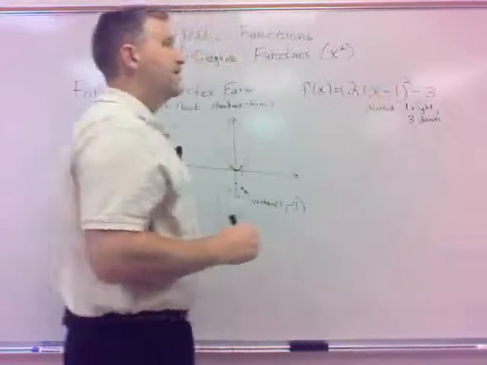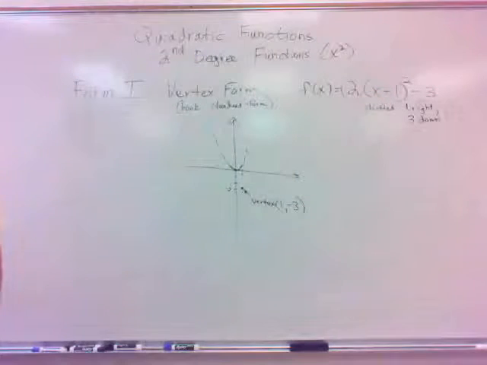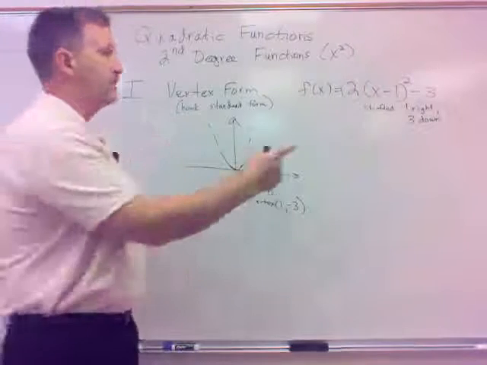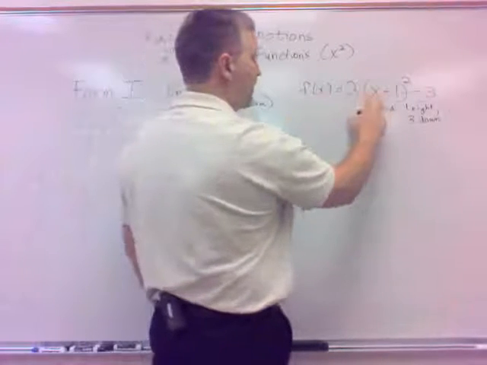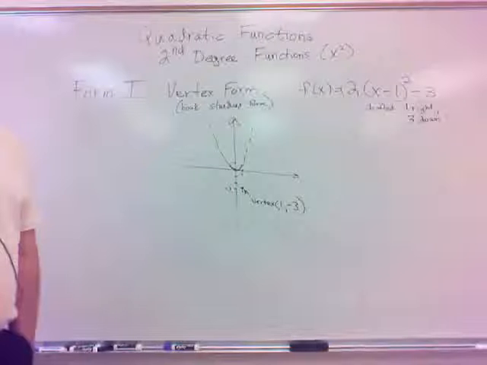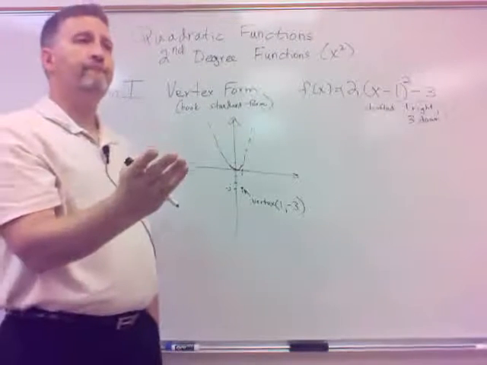But even more in particular, we'll do some other things to get the rest of the points here. But what else we can note here is, what about up or down? Is this graph going to open up or is it going to open down? It's going to open up. Why?